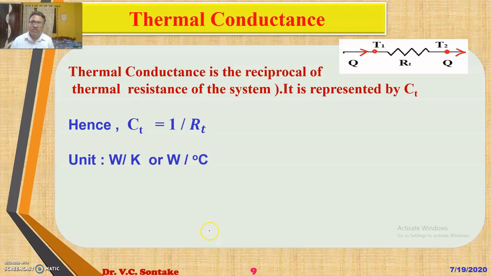Since we have different expressions of thermal resistance in conduction, convection and radiation mode, we can also get different expressions of thermal conductance in all these 3 modes of heat transfer. And the unit of thermal conductance will be watt per Kelvin or watt per degree Celsius.